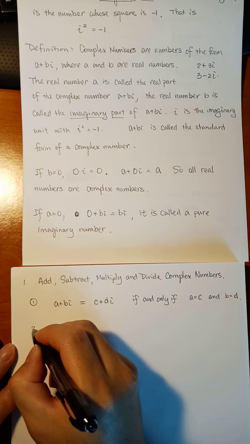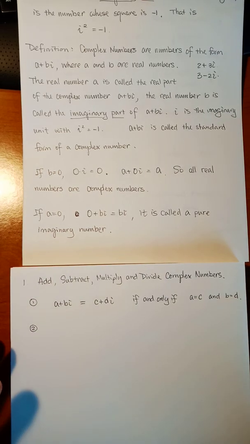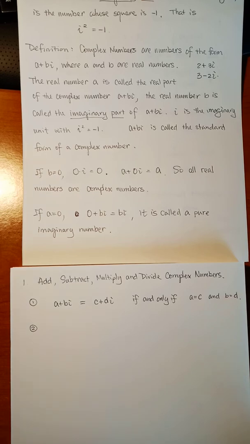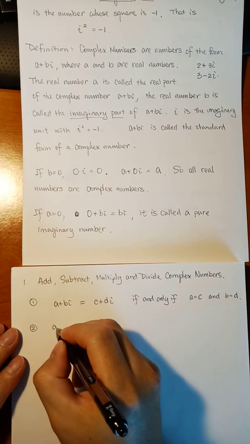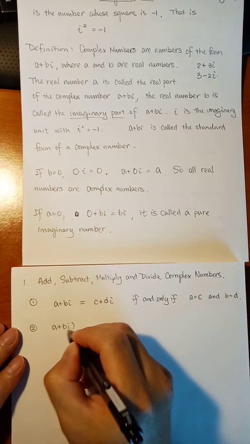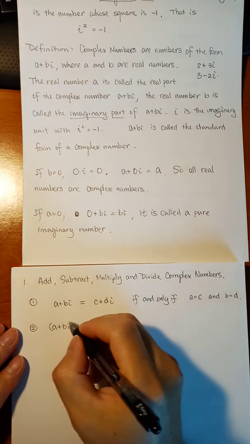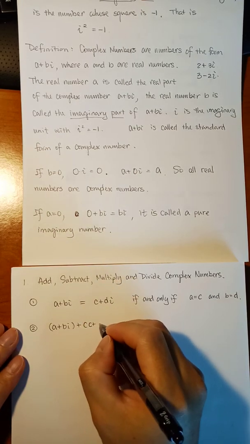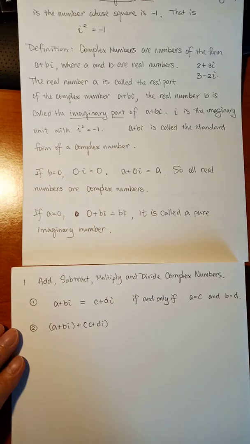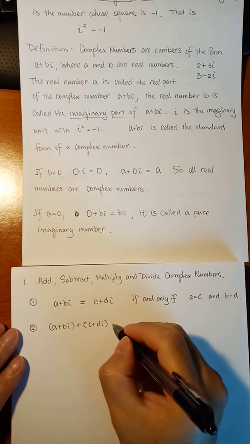Second. If we have one complex number and a second complex number, how do we add two complex numbers?